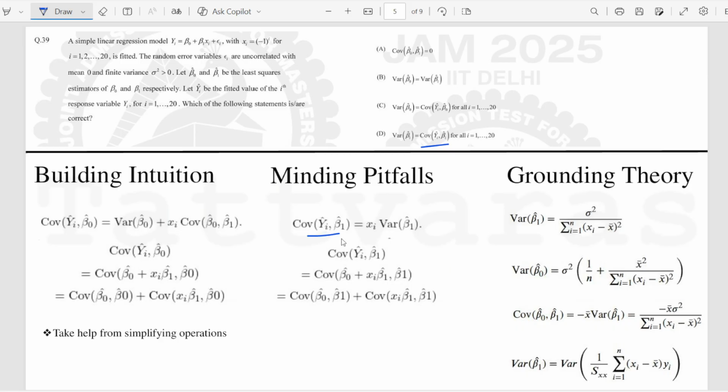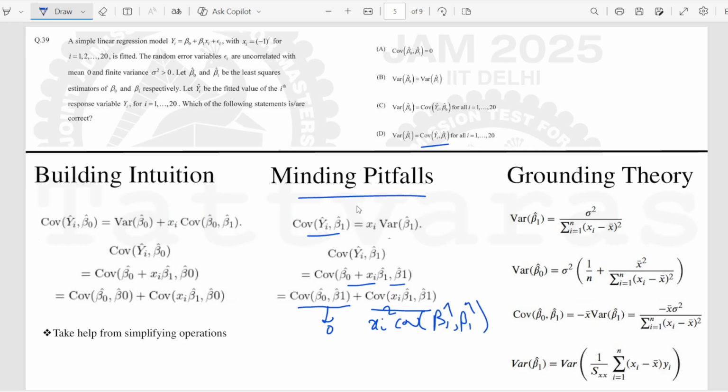And for the other part, which is checking this option, we go a similar route, and this is where it can get slightly tricky. That's why I put it under this section. When we expand it and see this part, we get, which is basically 0, and this part, this thing will come out and it will become variance of beta 1 hat. And if we are not careful, we may bring it out as xi square and leave it as covariance of beta 1 hat with itself.